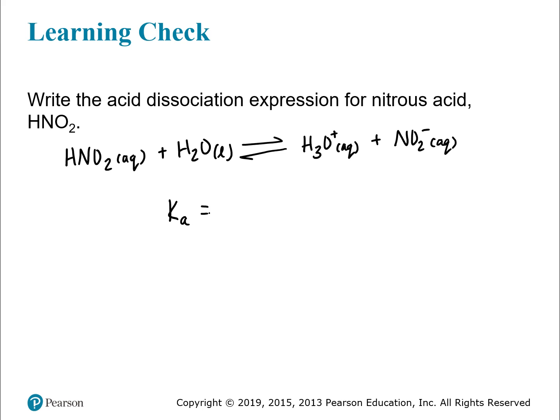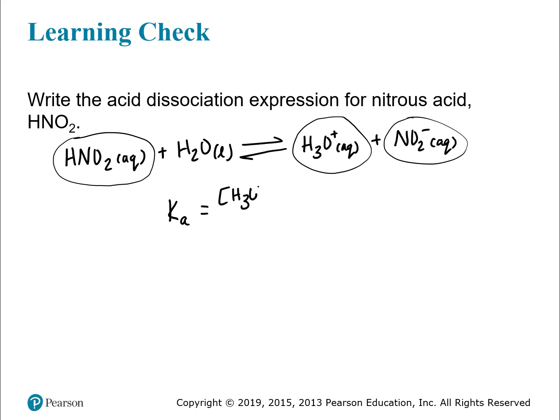We don't include water. We only want the ions, or the things that are aqueous. So we're going to include only the things that I'm circling in the expression. The products go on top. And then the reactant goes on the bottom. And that is the dissociation expression.